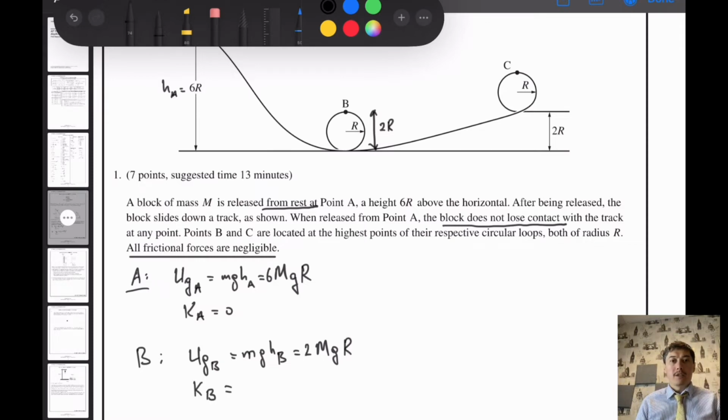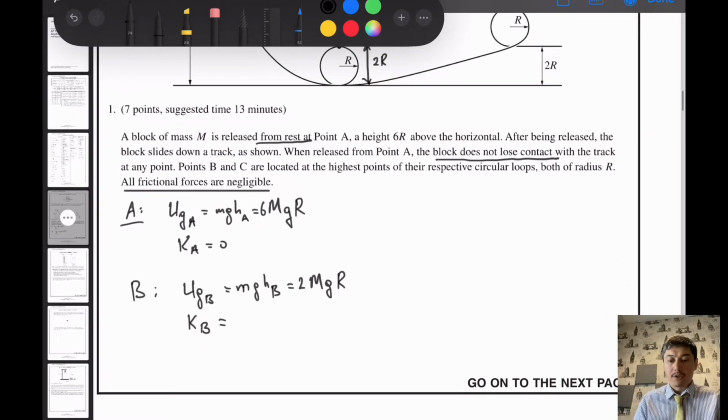Because mechanical energy is conserved, at the beginning we have got potential energy plus kinetic energy equals 6 mgr. So at point B, again, the sum of mechanical energies, potential energy plus kinetic energy, should be 6 mgr. Because potential energy is 2 mgr, kinetic energy must be 4 mgr at point B.